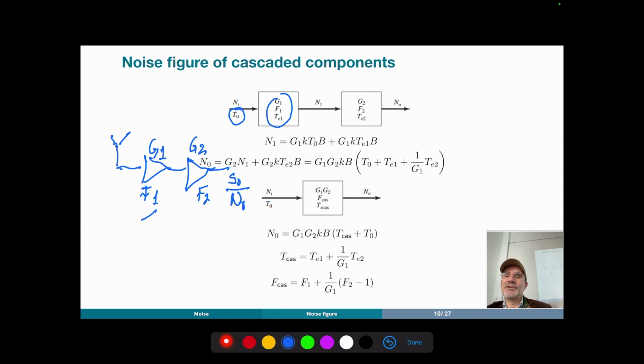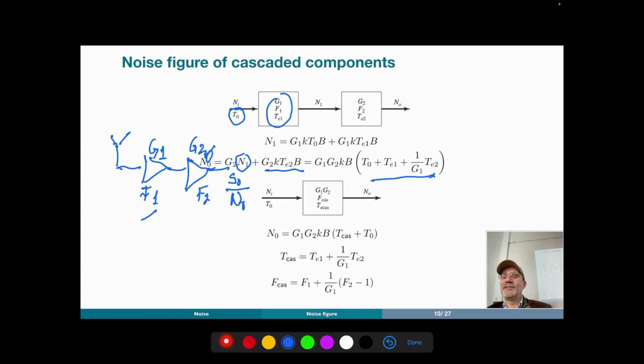And then the noise at the output, N sub naught, is the noise at the output of the first stage, multiplied by the gain of the second, plus the noise introduced by the second stage. Okay, and then we have this result here.